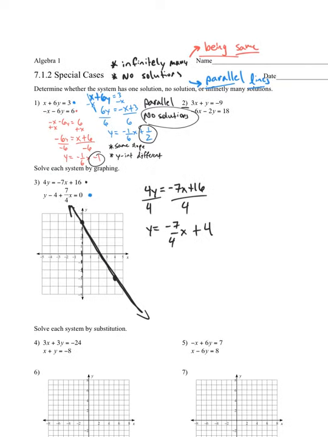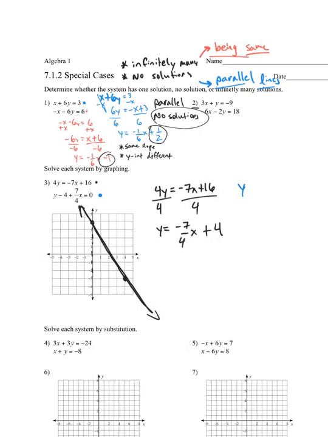Similar, guys. We're going to solve it for y. Okay, let's add 4 first. So we've got y plus 7/4 x equals 0 plus 4 is 4. We'll subtract 7/4 x.